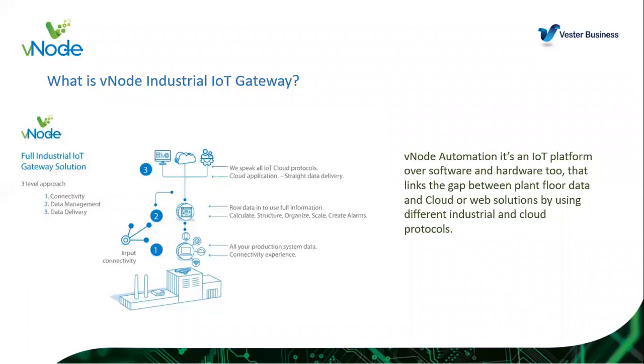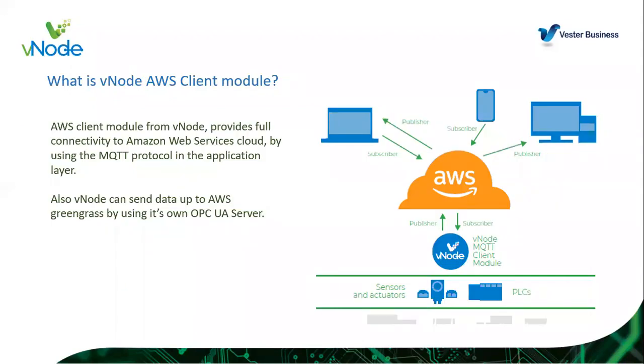All right. So what is the Beano AWS Client? It's one of the 30 models of Beano. It provides full connectivity to the Amazon Web Services Cloud, but it can also provide full connectivity to Google Cloud IoT, Azure IoT Hub, or even a custom MQTT broker. It is based on the MQTT protocol.